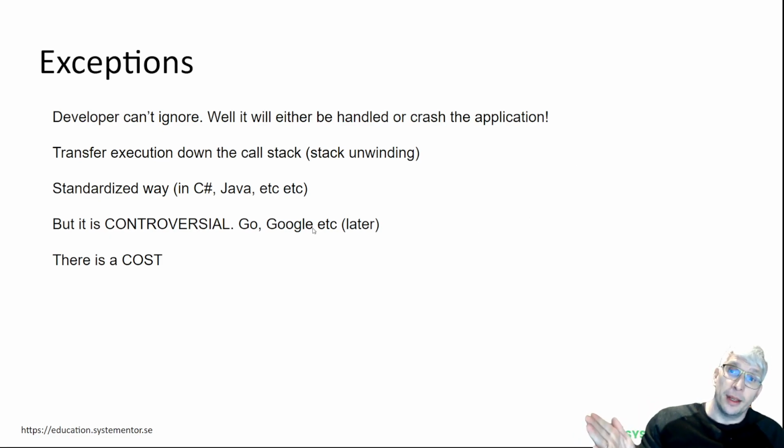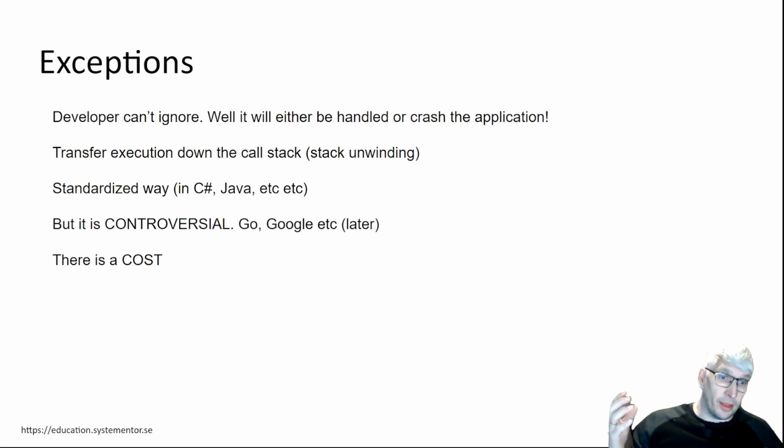First of all, there are modern programming languages that decided to not have exceptions at all, because they're often misused, and there are a lot of problems involved with exceptions.